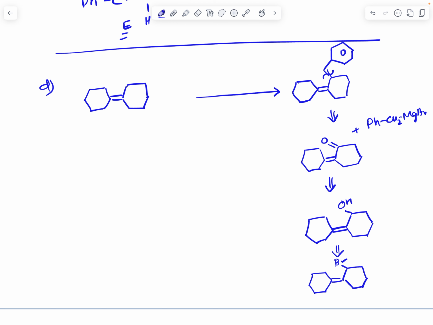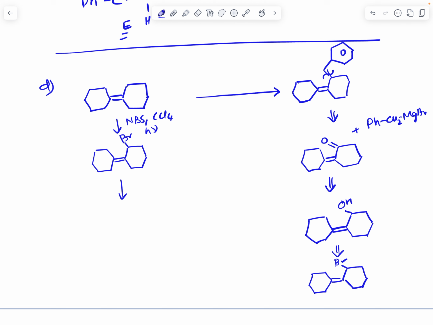So let's do the synthesis. You can use something like NBS for this one: NBS, CCl4, in the presence of light. What it does is it puts a bromine at an allylic position. This carbon is an allylic carbon, so it puts a bromine out there. Then I'm going to displace that bromine and put an OH out there.